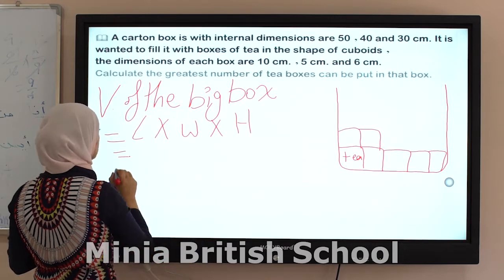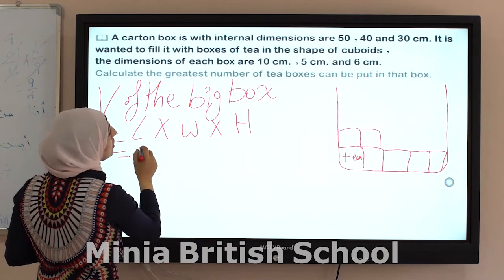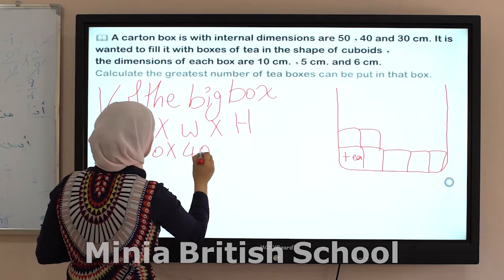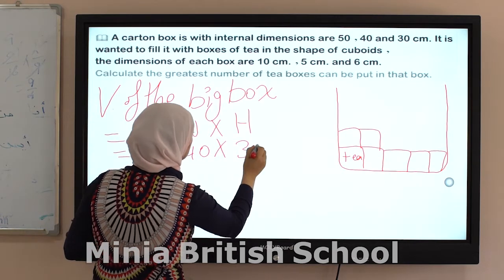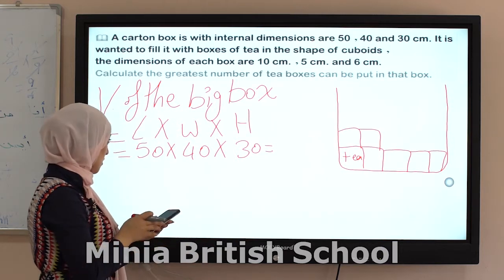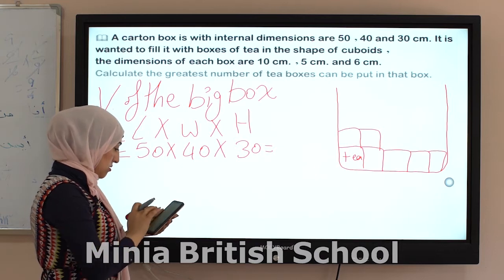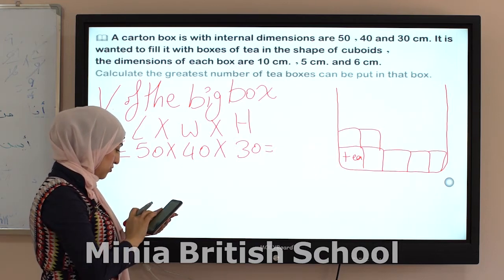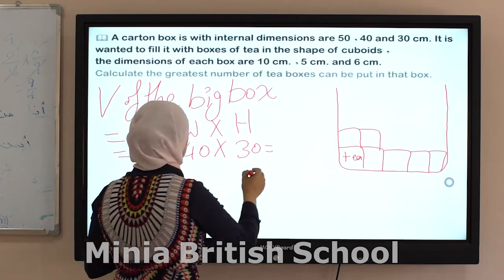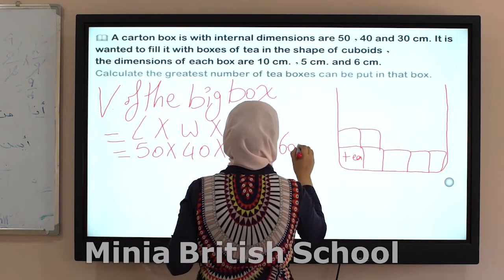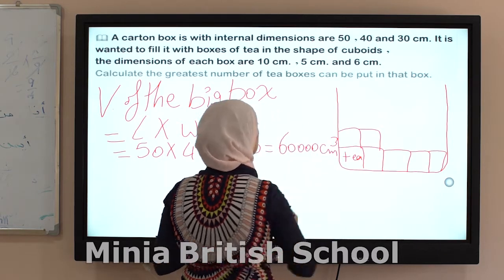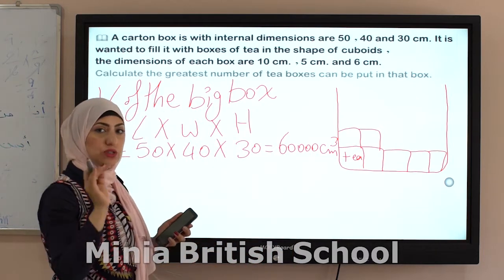Okay, and then substitute here 50 times 40 times 30 equals, okay, so it's 60,000 cubic centimeter.